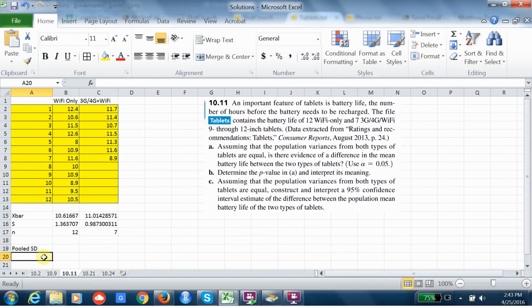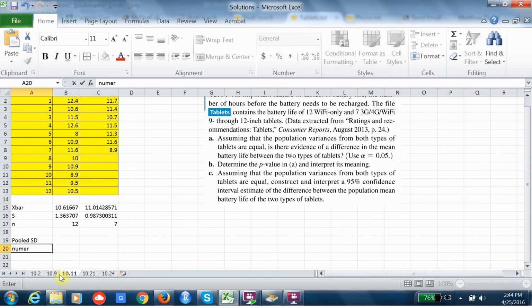I'm going to compute the contribution to the numerator and the denominator, and then just take the square root of the ratio. Okay, so remember this is going to be the standard deviation from each sample squared times the sample size minus 1.